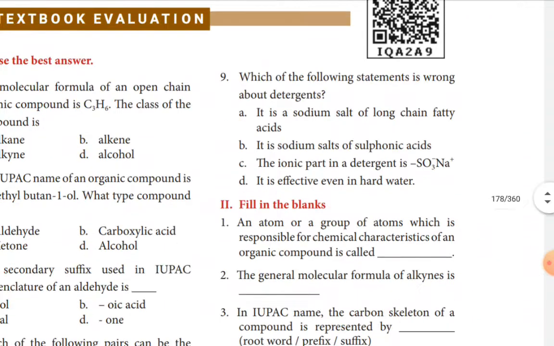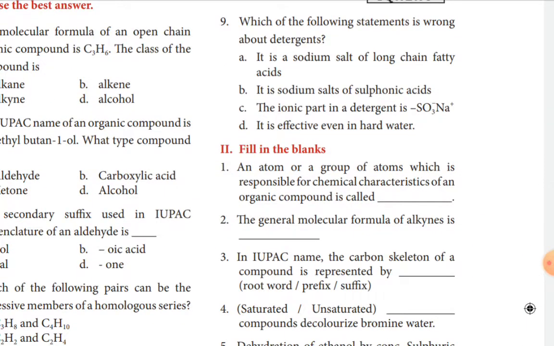Then, fill in the blanks. An atom or group of atoms which is responsible for the chemical characteristics of an organic compound is called a functional group. Then, the general molecular formula of alkyne is CnH2n-2.